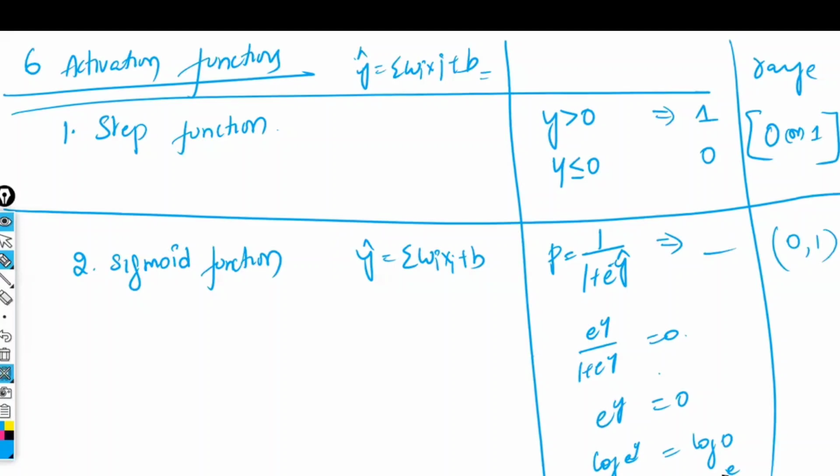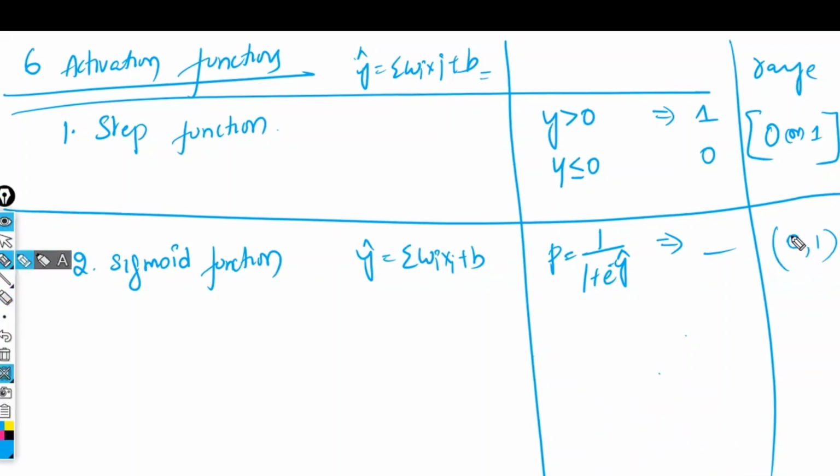That is also not possible. So 0 is not included, 1 is also not included. To get the output as 0, y would have to be infinite. Otherwise, the output will not become 0. So it gives values between 0 and 1, where both are not included.